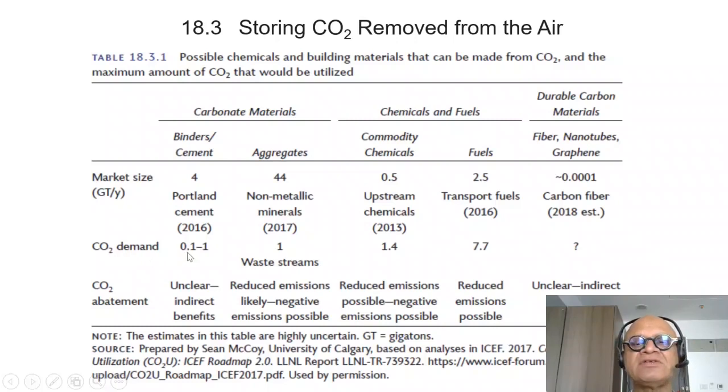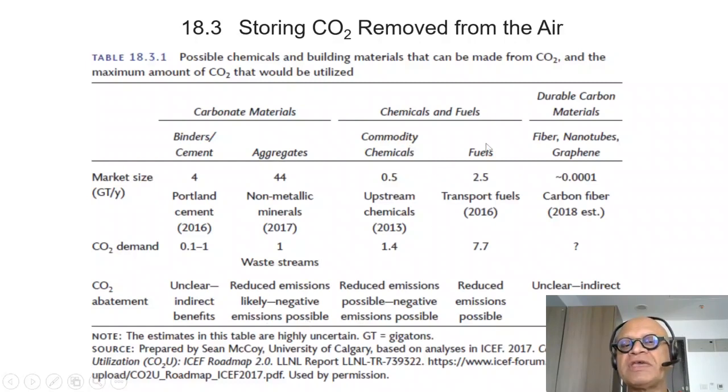CO2 demand is 0.1 to 1, and the abatement is unclear in terms, but there could be indirect effects at this scale. Aggregates, so non-metallic minerals are involved. Waste streams have the CO2 demand in terms of the emissions from the process of producing carbonate materials. Reduced emissions likely, negative emissions possible.